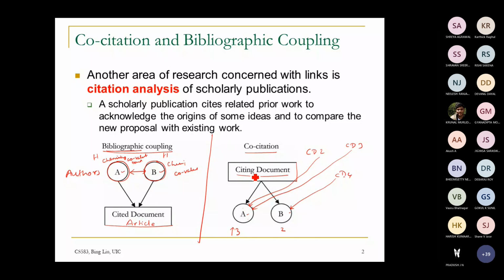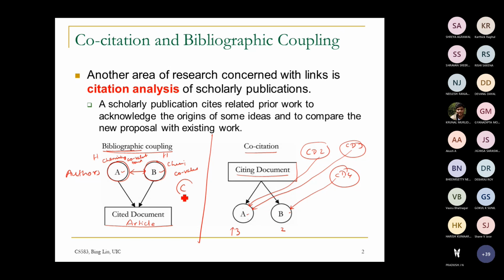Okay, which means that among all these documents, there is a common co-citation for this particular author. So there is a difference between bibliographic coupling and co-citation. In bibliographic coupling, you see the total number of outlinks from the author towards the same document. Do you understand?